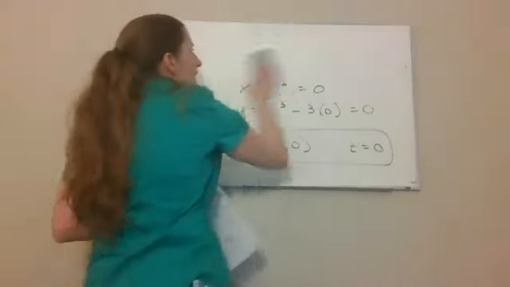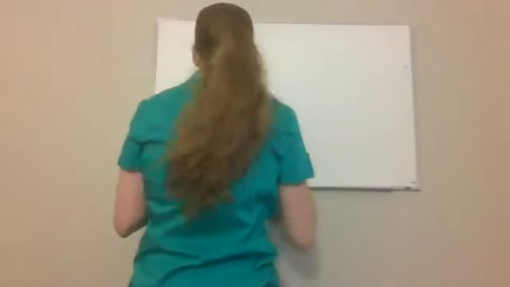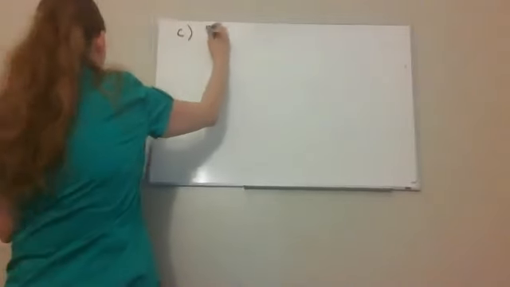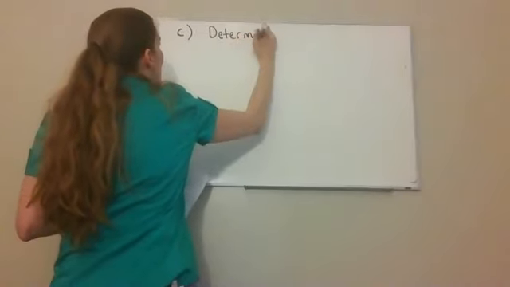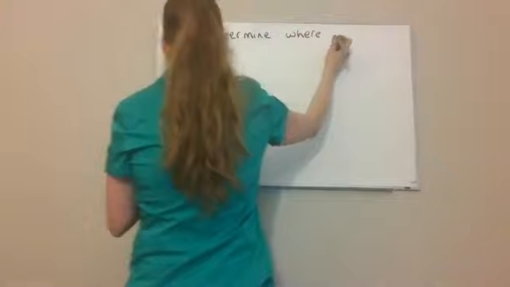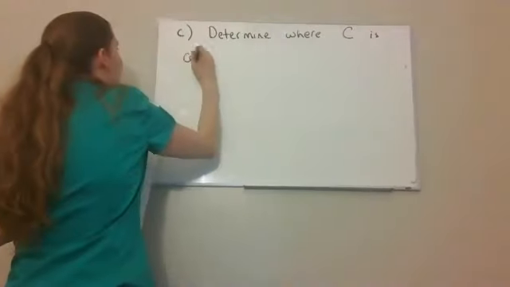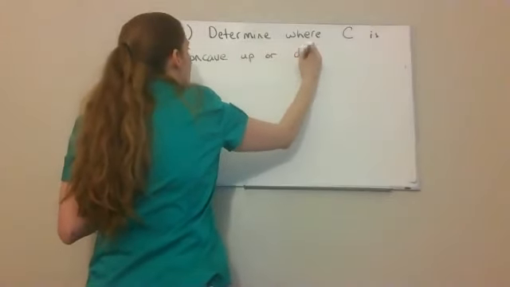Now let's figure out the concavity of this parametric curve, and then finally we'll put it all together and sketch it. So part C, determine where the curve is concave up or down.